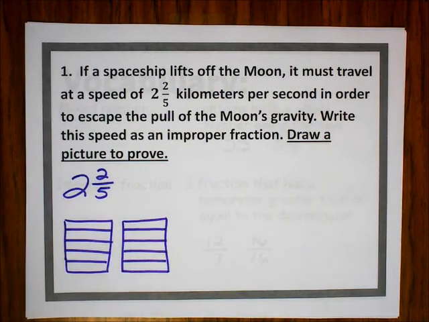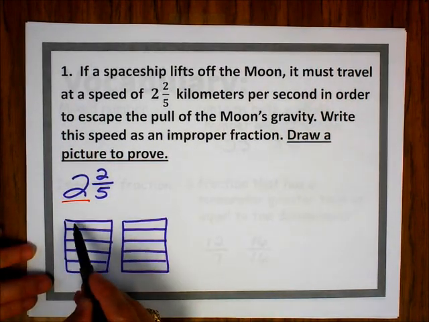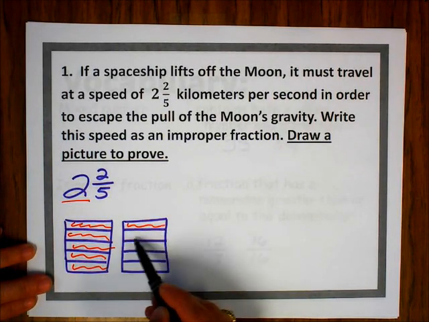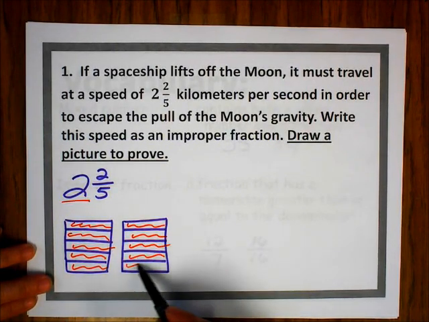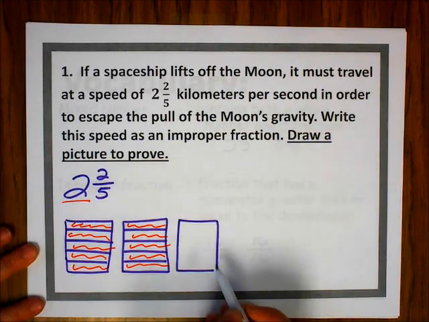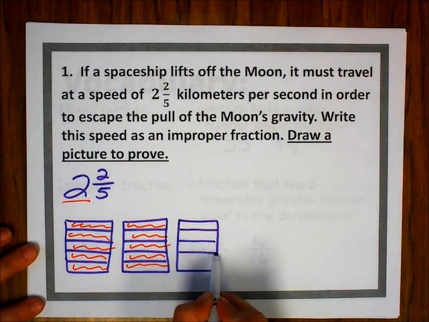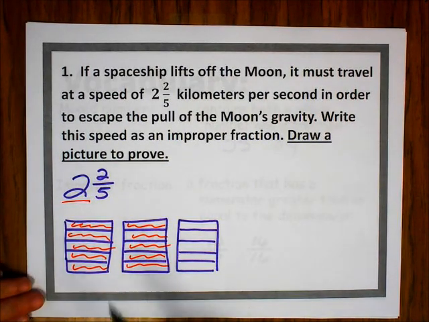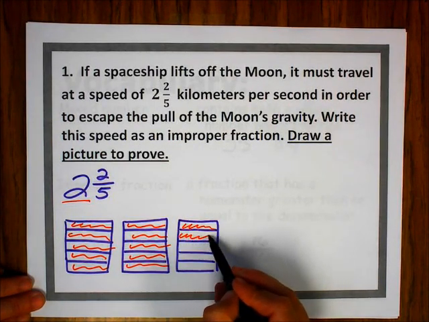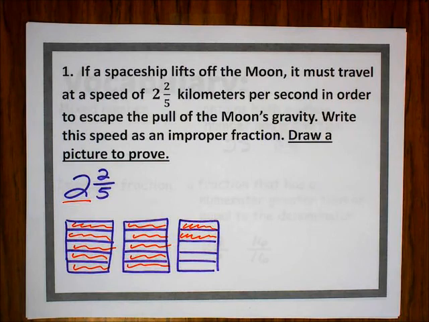Now, if I shade in my 2 wholes, I still have to shade in 2. So I'm going to draw another rectangle. I'm still dividing into fifths because my denominator was 5. And of those fifths, I'm going to shade in 2. So there is my model to represent 2 2/5.